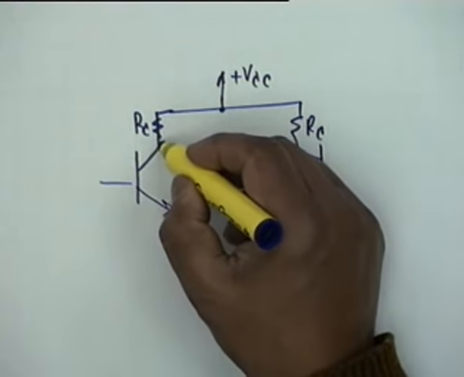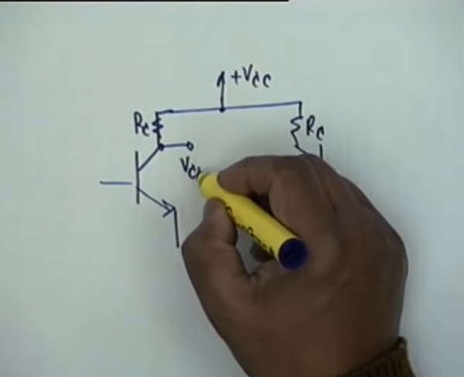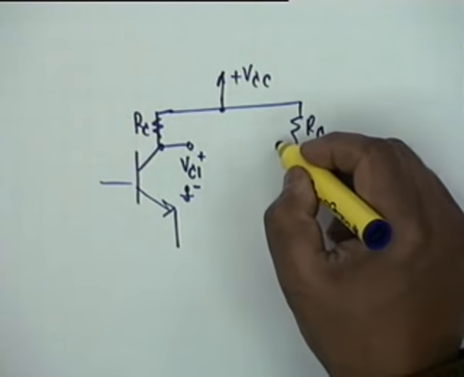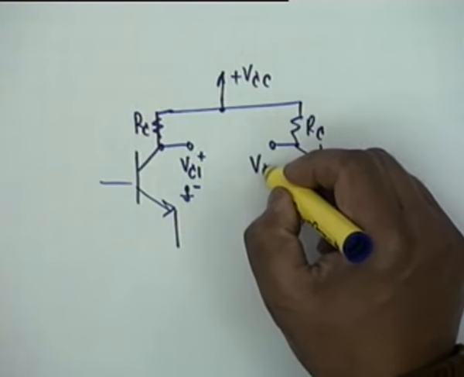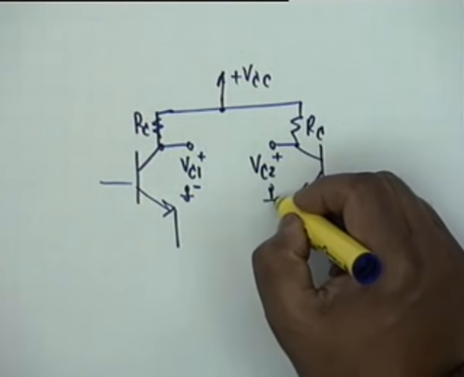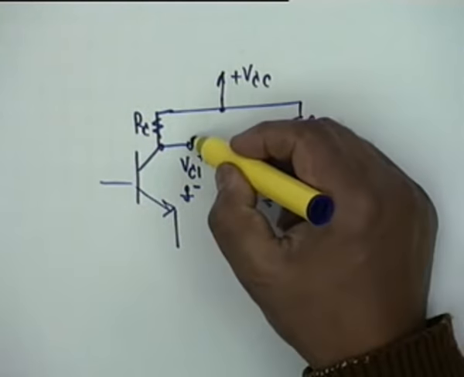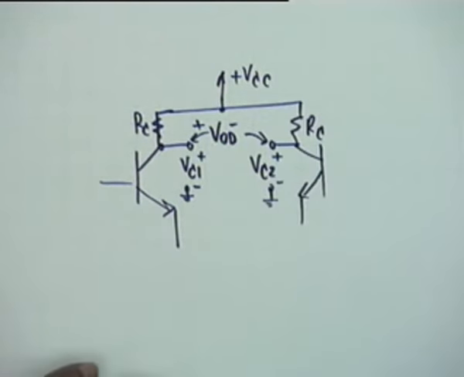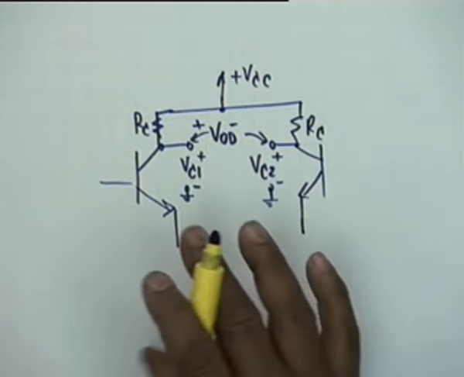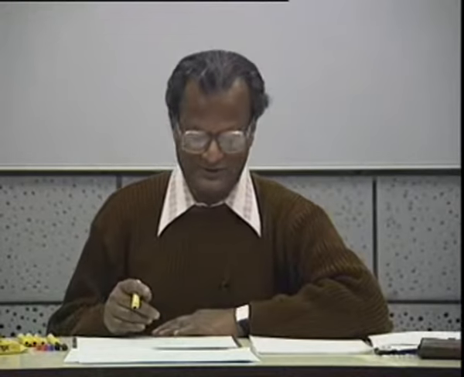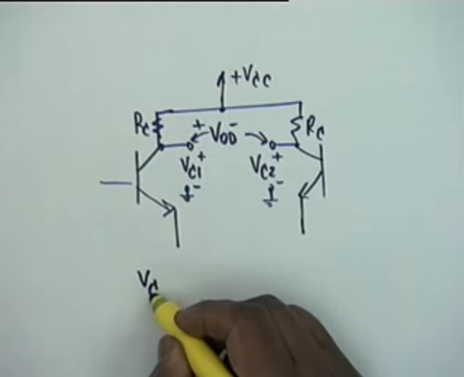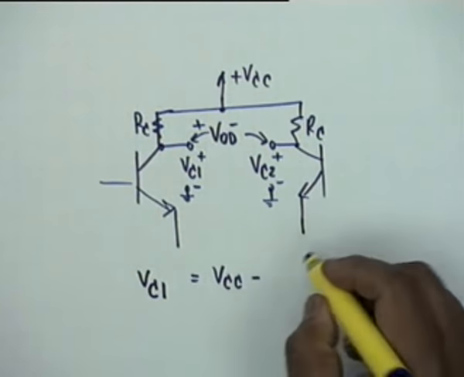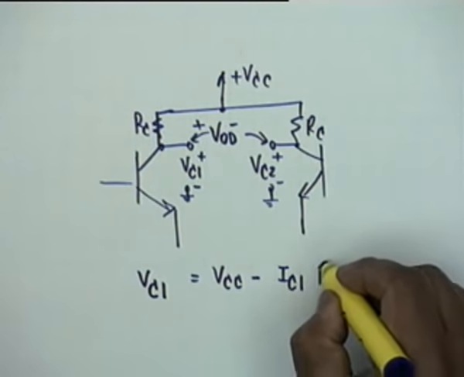This was equal to VC1 plus and minus between this point and ground, and this voltage was VC2 plus and minus, and this voltage was VOD plus and minus. You can very easily see, I am not drawing the rest of the circuit because that is not of concern. You can easily see that VC1 is equal to VCC minus IC1 times R sub C.